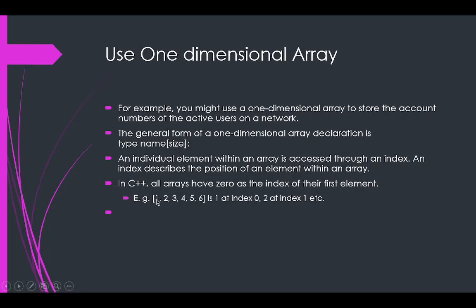We have the first name in here, the second name, the third name, the fourth name, fifth name, and then the sixth name, right? So what this statement is saying is that an individual element in an array is accessed through an index. This one is at index 0.